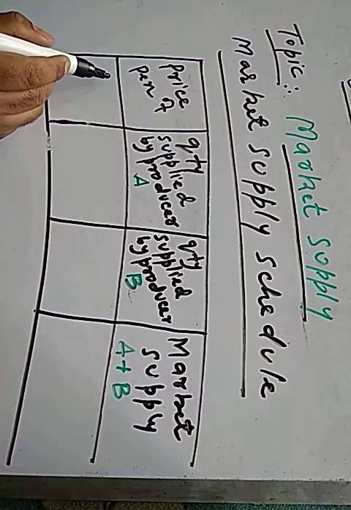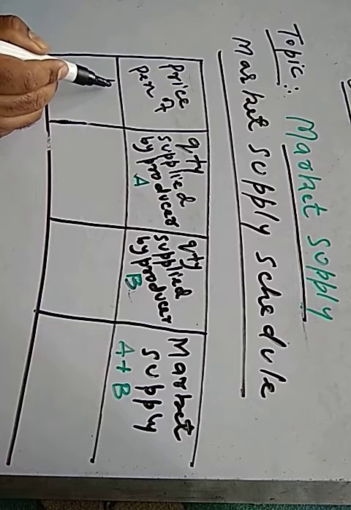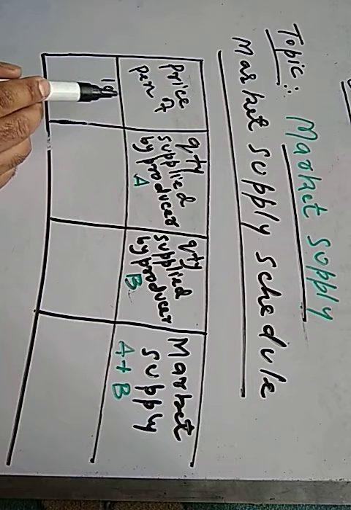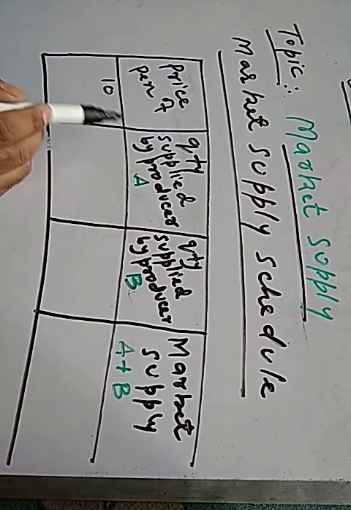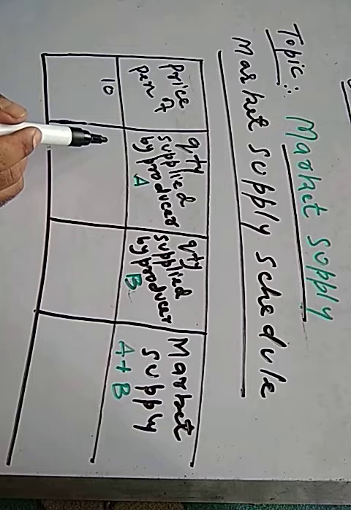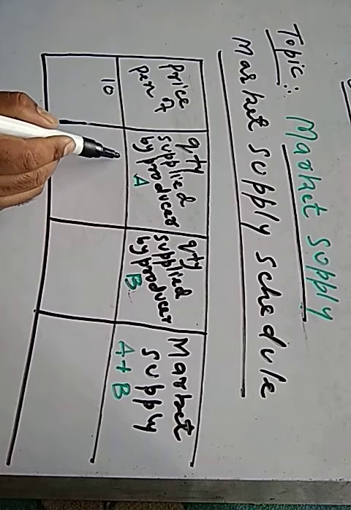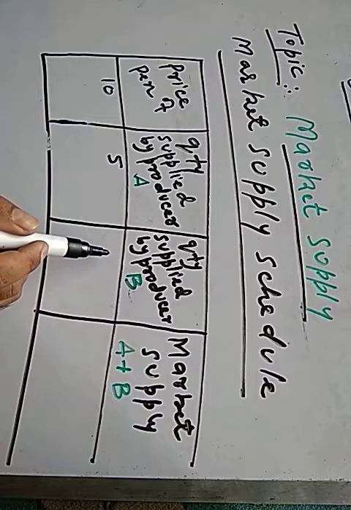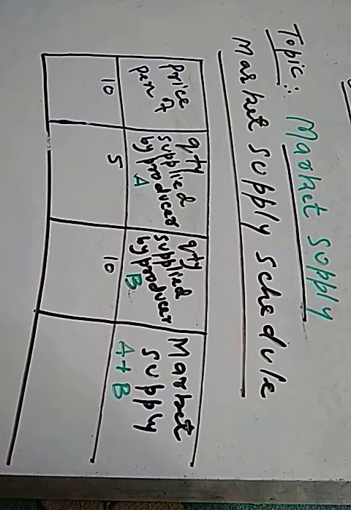The price of pen, it starts from, let us suppose, 10 rupees per unit. When price of pen is 10 rupees per unit, quantity supplied by producer A, suppose it is equal to 5, and by B it is equal to 10.